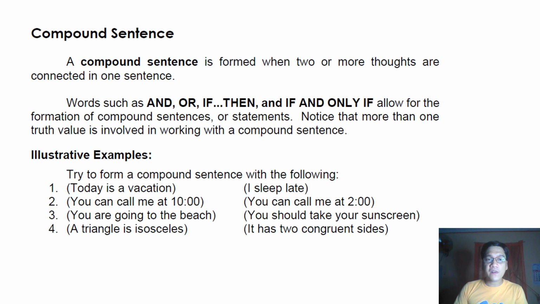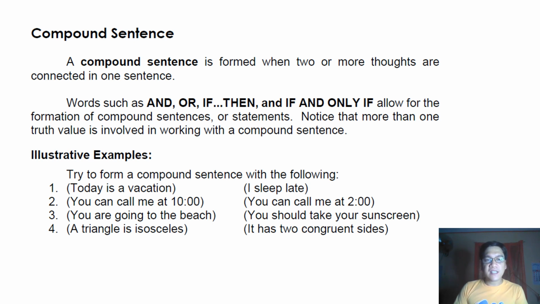Notice that more than one truth value is involved in working with a compound sentence. So we can simply say that compound sentences are formed by joining two or more sentences together by words such as and, or, if then, or if and only if.